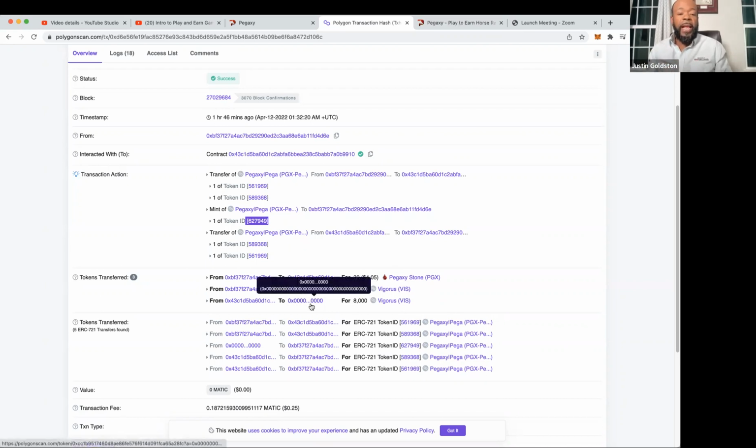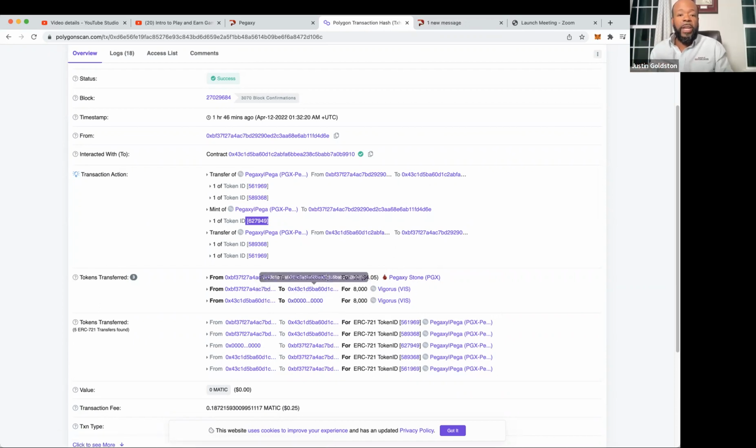If you look at any transactions, if you look at addresses, and they're all zeros, that means that's a burn address. So those 8,000 tokens were sent to that burn address, and then 8,000 tokens were essentially taken out of circulation. Okay, that's for the vigorous token.